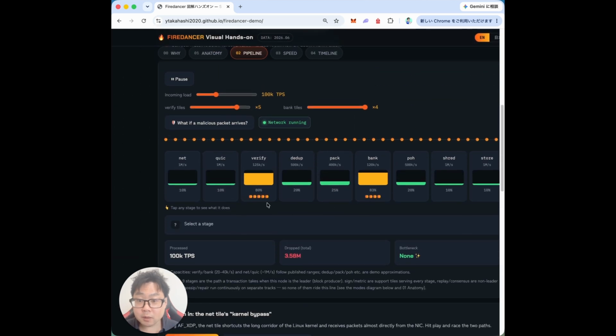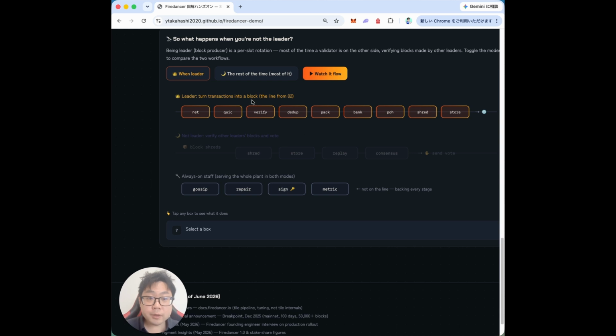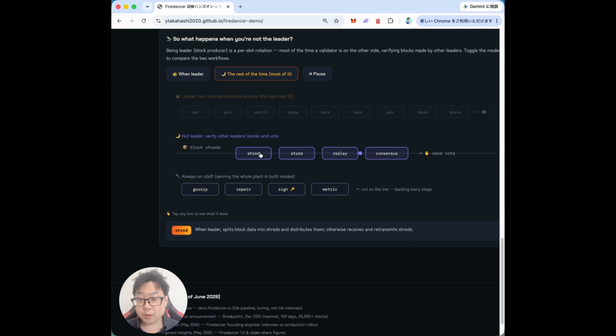And here is what it does the rest of the time, which is actually most of the time: shred, store, replay, consensus, and vote. And of course, there are processes like gossip and repair that run continuously.